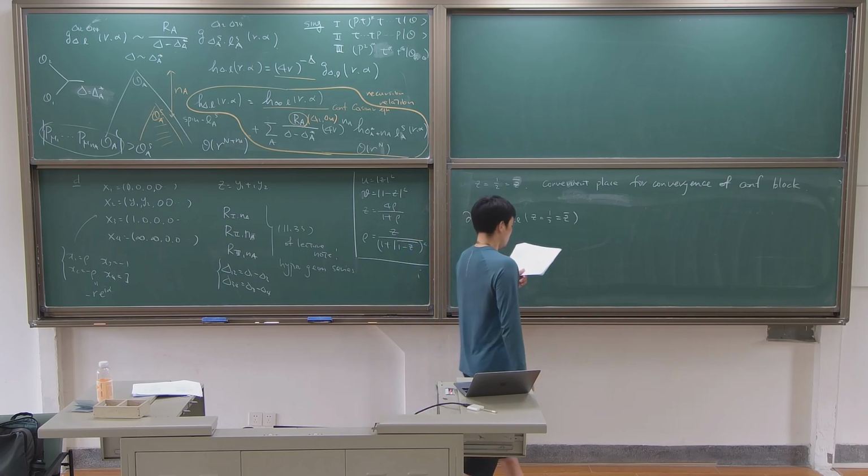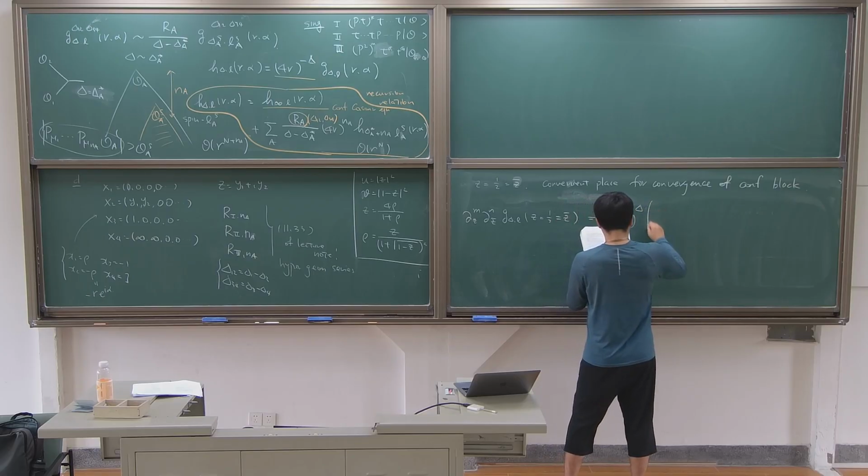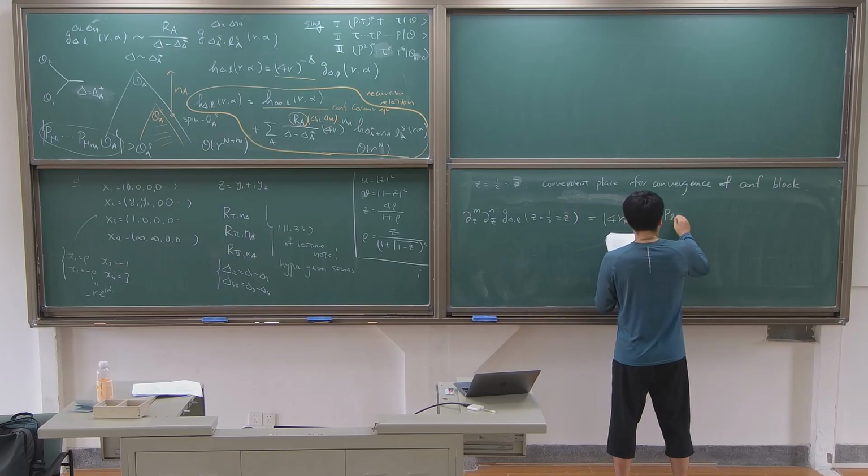Then this in fact has the following form: r star to the delta, and then p l n delta.